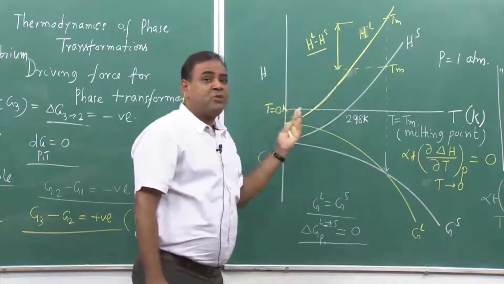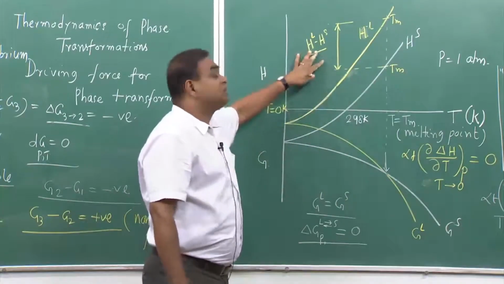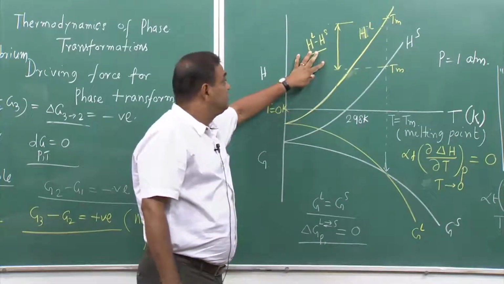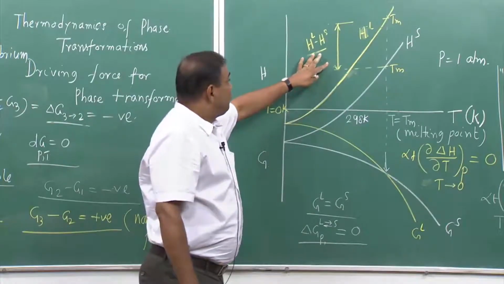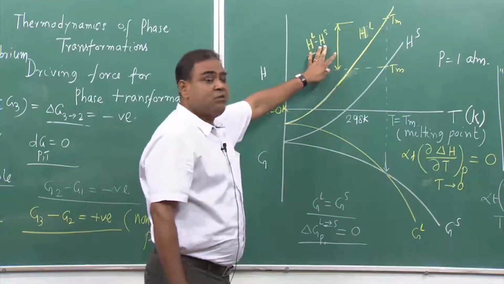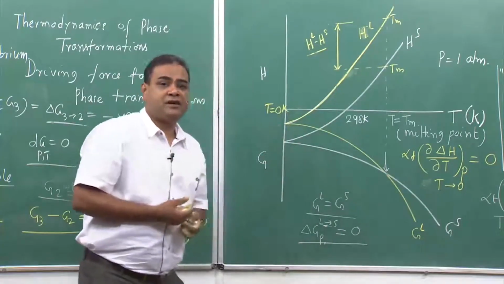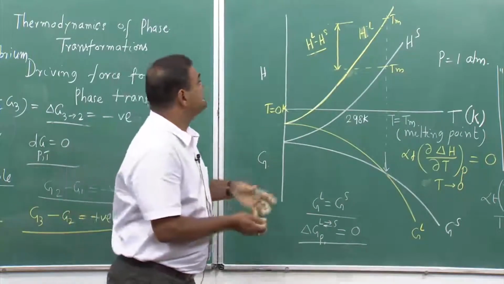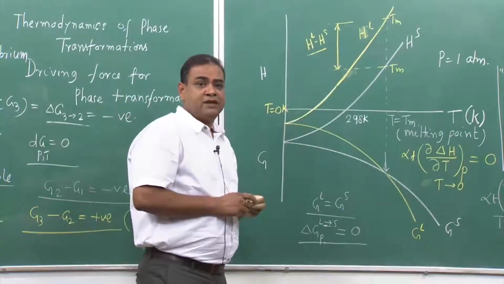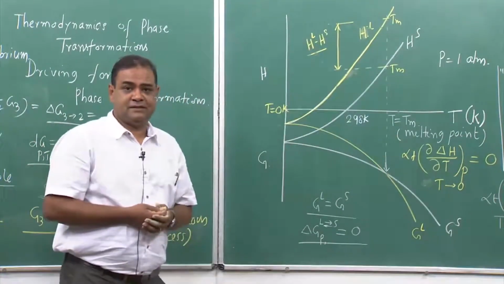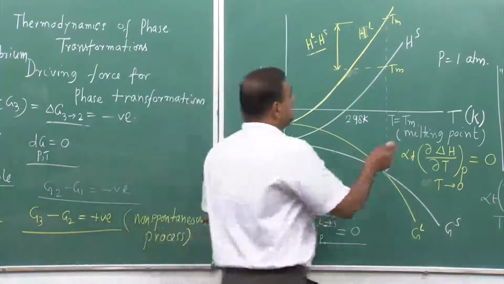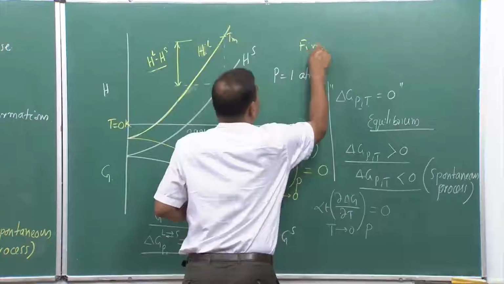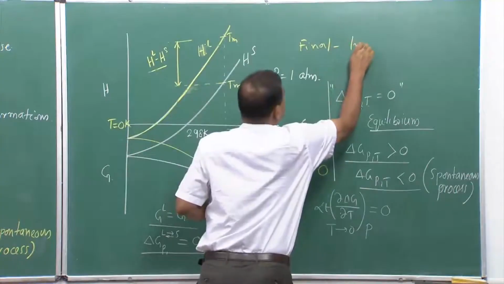these are all thermodynamic state functions. Now, wherever I am trying to reach, let us say I am trying to reach from liquid to solid, then solid would be my final state. So, it should be final minus initial.